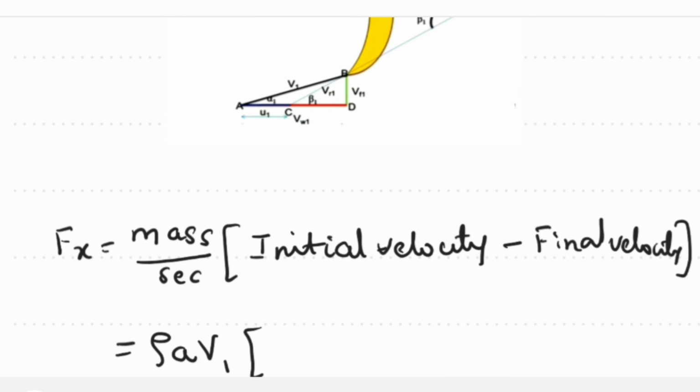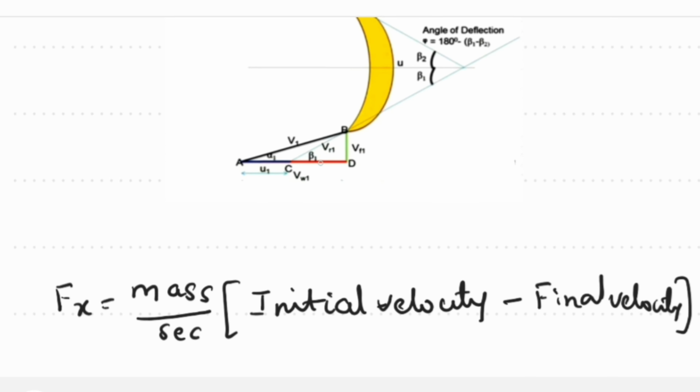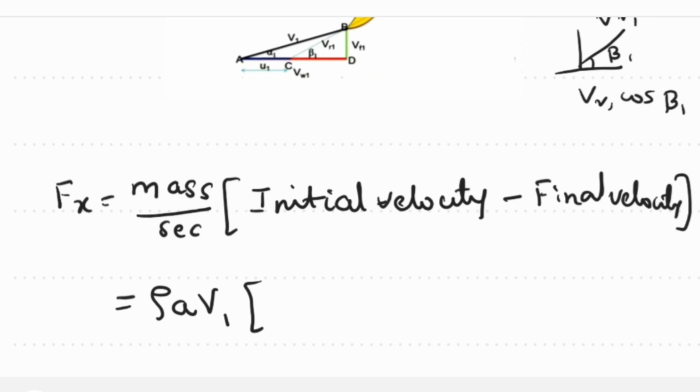So you can see here, it strikes the moving vane with the velocity vr1, but vr1 makes an angle beta 1 with the horizontal. So we will resolve. Its horizontal component is vr1 into cos beta 1, minus final velocity.